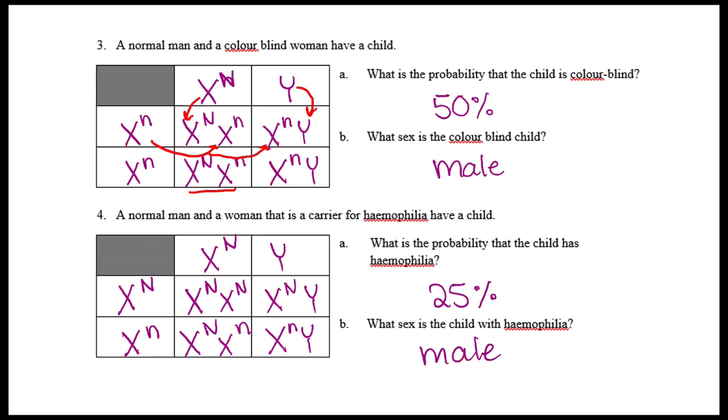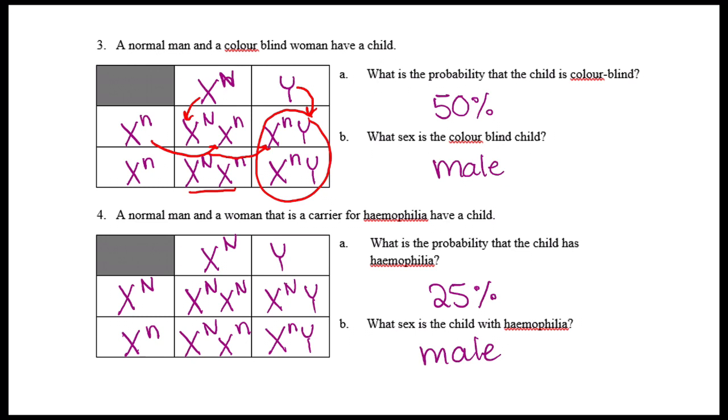The last child will also be affected because he can't get the X chromosome from dad. It must come from mom as he's getting the Y from dad. So here we have a 50% chance of a child being colorblind, these two right here, 1 carrier, so 25%, and 1 completely unaffected. The sex of the colorblind child is male.